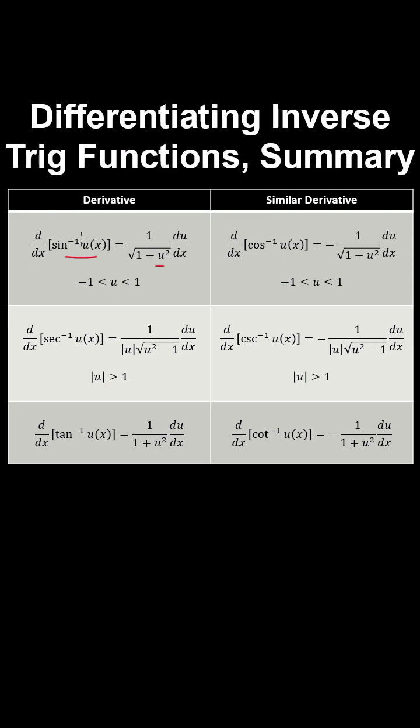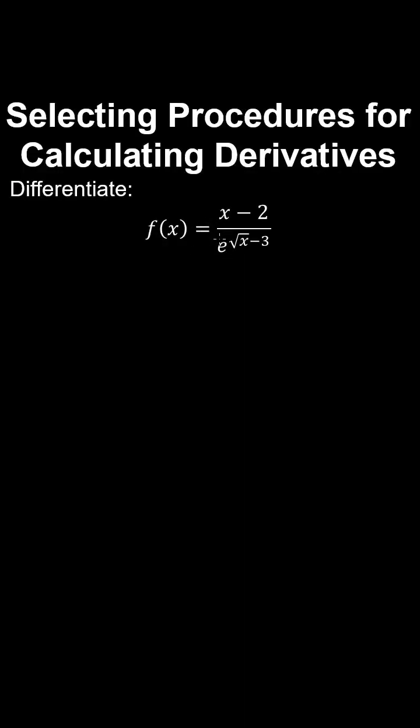And the derivative of arcsine and arccosine differ only by a negative sign. And similarly, the derivative of arcsec and arccosec also differ by a negative sign. And so do the derivatives of arctan and arccot. So study these to learn the patterns, and you can apply them directly to practice problems without having to rederive them. Let's differentiate the following function.